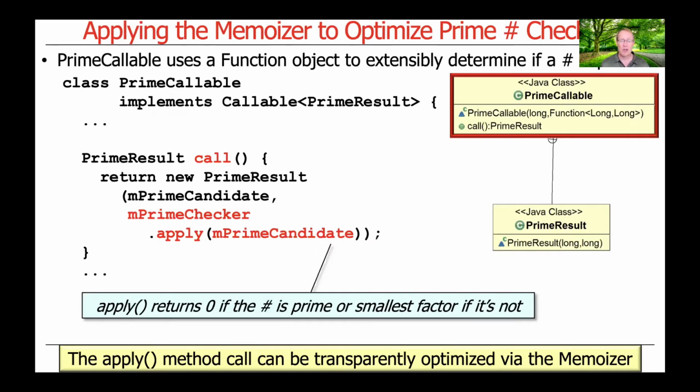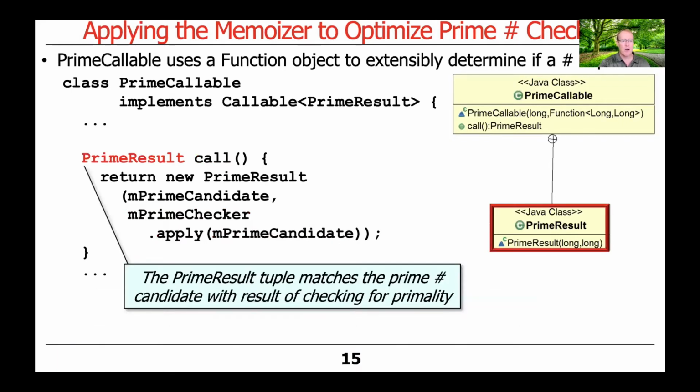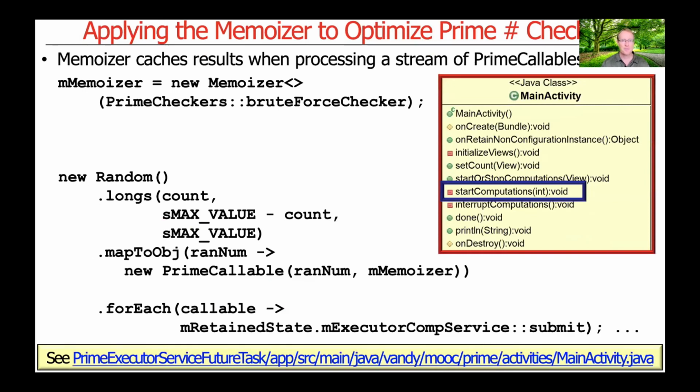But if we haven't computed it yet, then we're going to have to go ahead and compute it. And the cool thing about using a function, as I mentioned before, is we can transparently optimize it by using a Memoizer. We return a prime result, which is going to indicate whether the candidate number was in fact prime. The way that works is it's going to be 0 if it's prime, otherwise it'll be the smallest factor.